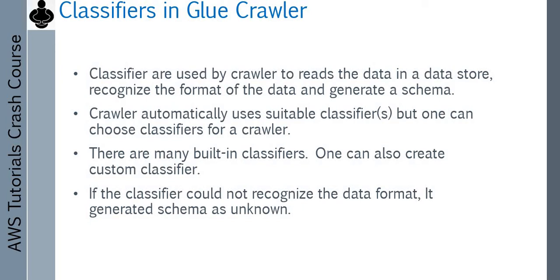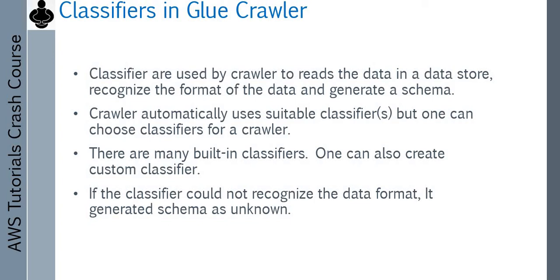But sometimes the out-of-the-box classifier cannot recognize your format. In that case, it will simply say your schema is unknown, or it will generate your schema the wrong way. Then your built-in classifiers are not sufficient and you might need to create a custom classifier.